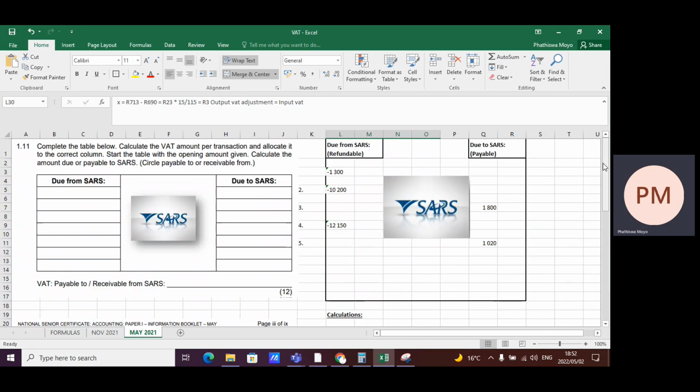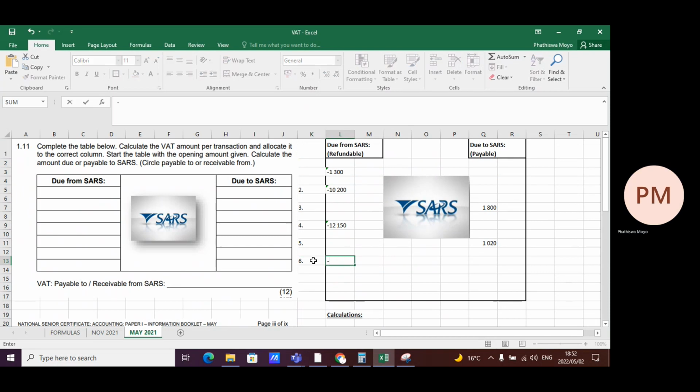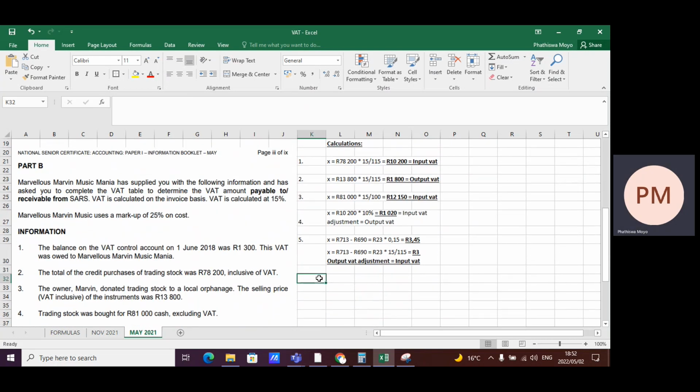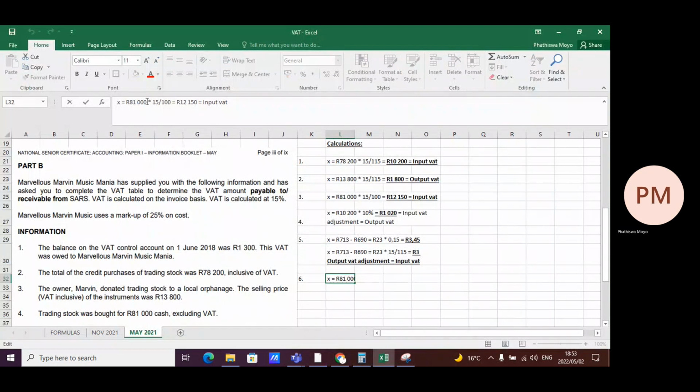So this one should be here. If I decide to take this one, that's to be written off. So if we're assuming that the bad debts include the VAT, it's going to be 13,455.